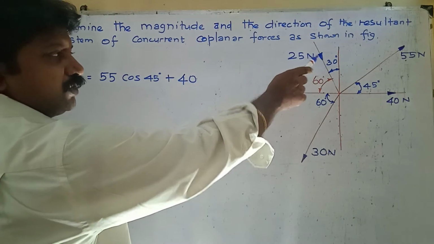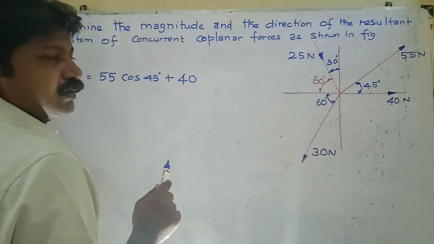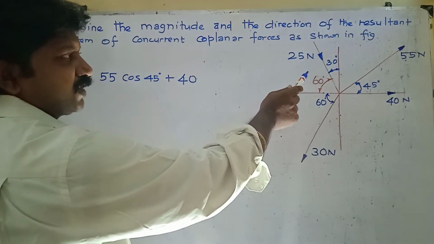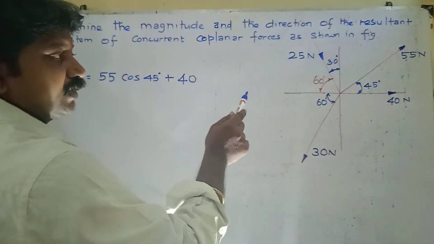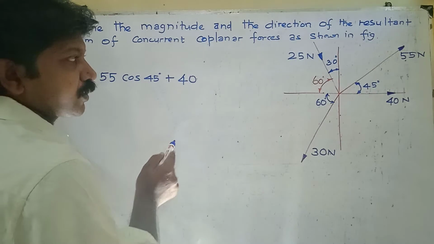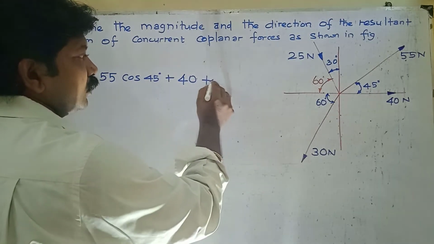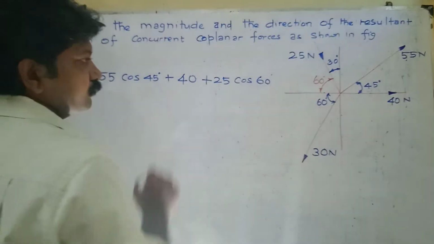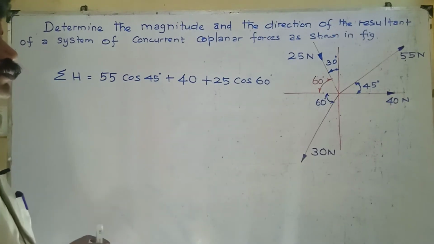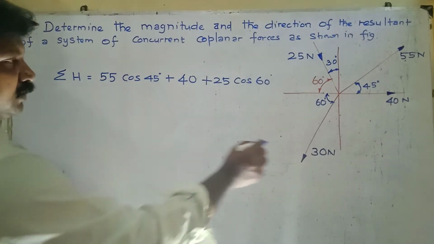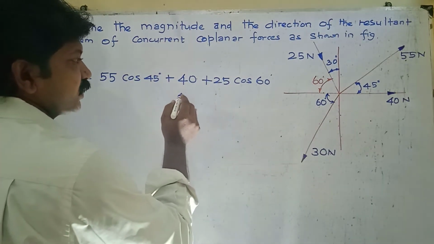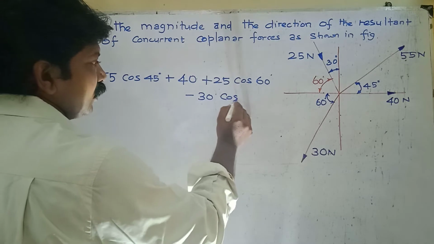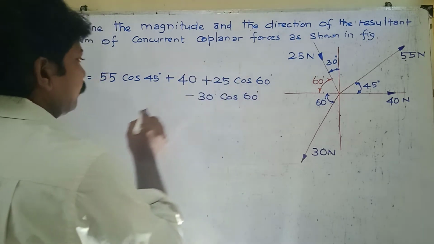See the arrowhead direction: towards right side. The force is placed in the second quadrant, but the direction is towards right side, so positive 25 cos 60. And then 30 cos 60, negative direction.